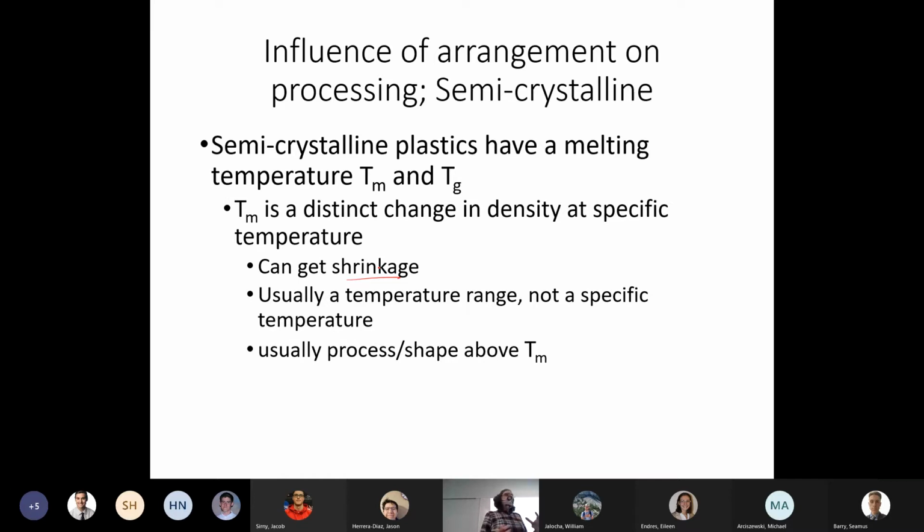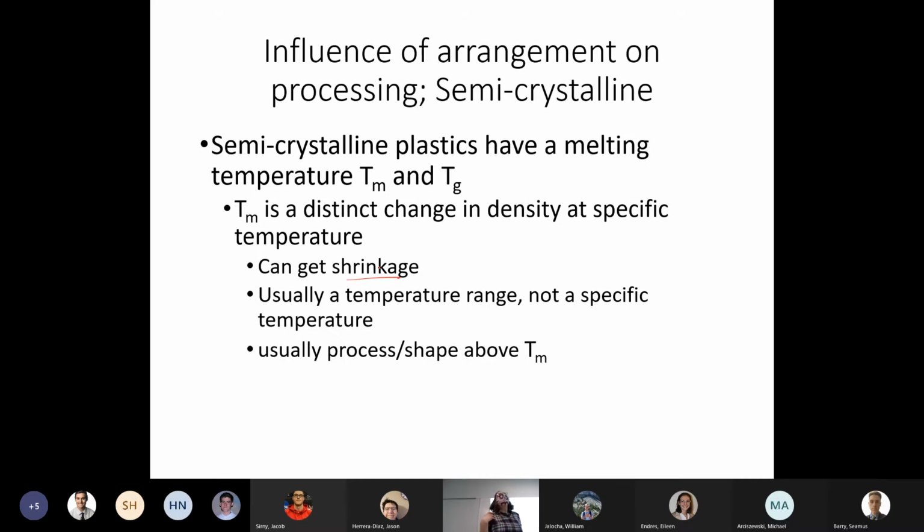Now, we talk about a melting temperature, but plastics generally have a temperature range. The size of the molecules within a plastic are not uniform. So we often talk about a range in which the materials are going to melt.